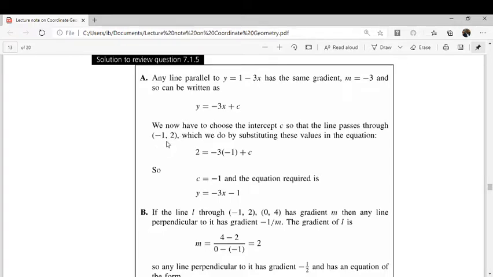So what I'm saying is that this is the coordinate and this is the line parallel to the equation you want to get. When you substitute here, your c will be -1. So you substitute it here.